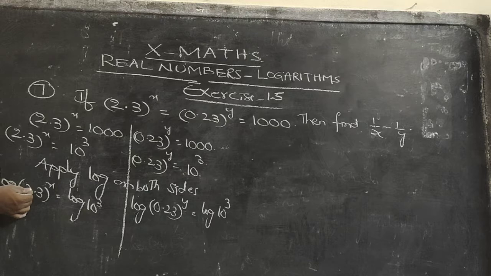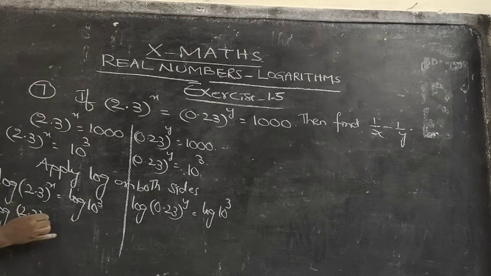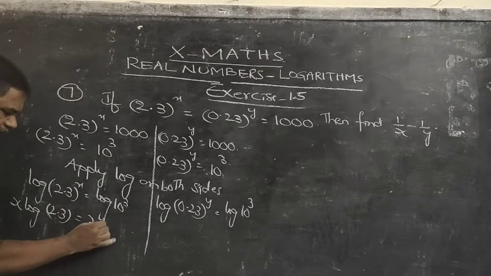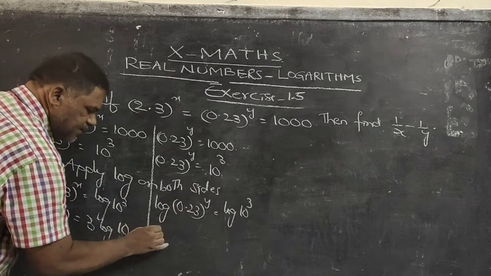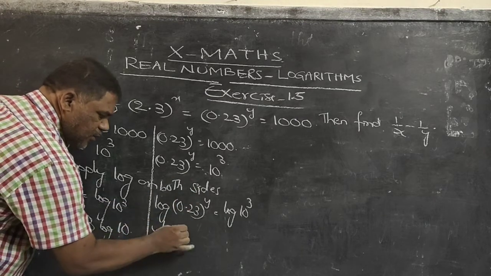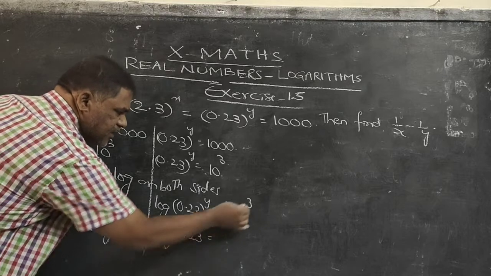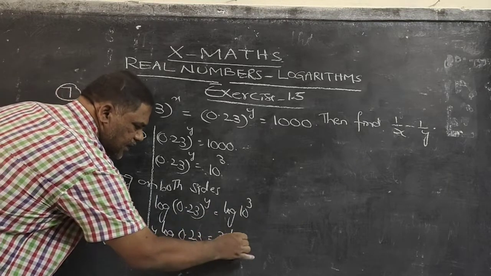In logarithms, if a number has power, it comes as the coefficient. So it is x log 2.3 is equal to 3 log 10. Here y log 0.23 is equal to 3 log 10.